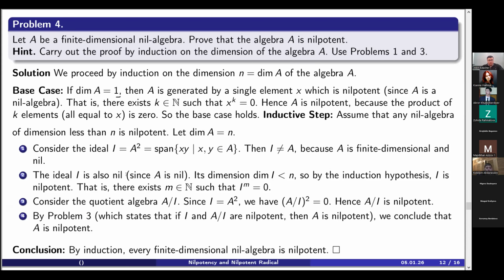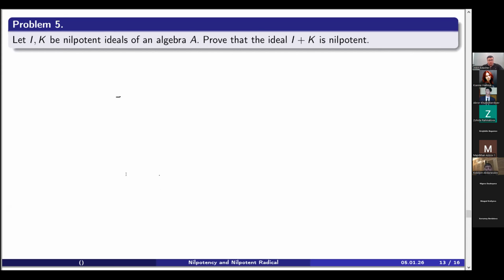By induction, every finite dimensional algebra is nilpotent. Problem 5. Let I and K be nilpotent ideals of algebra A. Prove that the ideal I plus K is nilpotent.